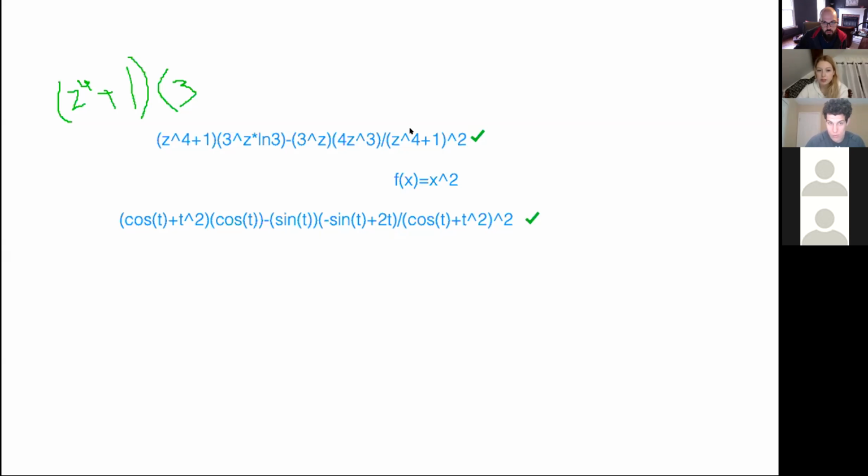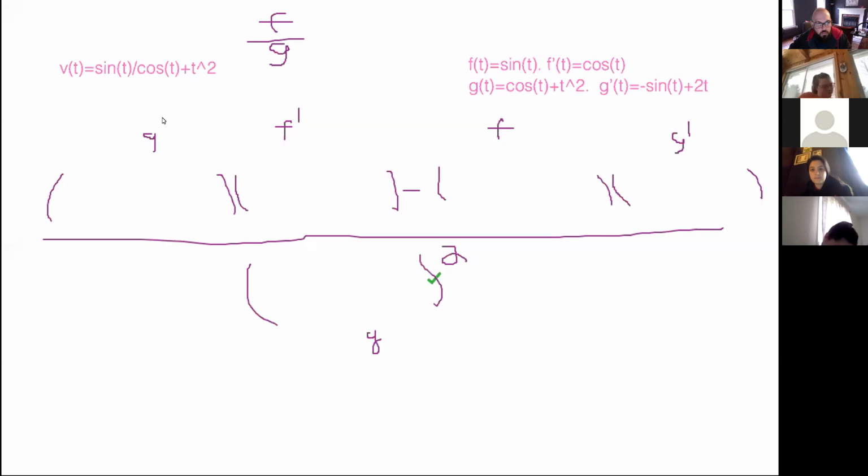So this is F. And then this is, that's not a G. See, I'm bad with the derivatives.